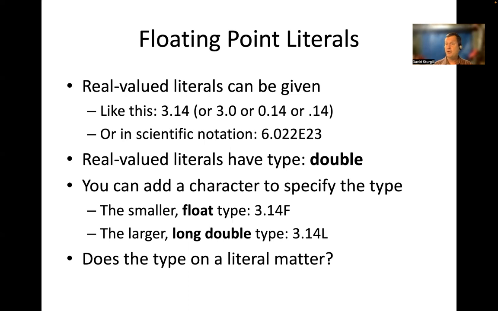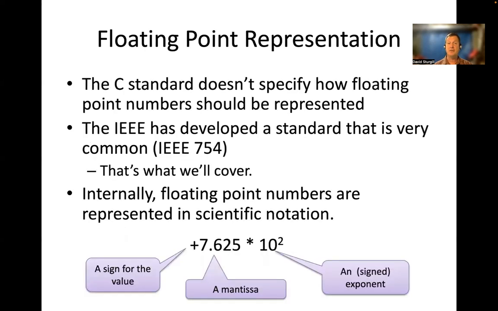You're going to be able to get closer to that value with more bits, with a long double compared to a smaller type like a float. Depending upon how you use that value, the value you choose to represent may require the compiler to convert it to some other type before you have to use it. So if you're using a floating point value, it may be worth it to think about the type you want the compiler to start with.